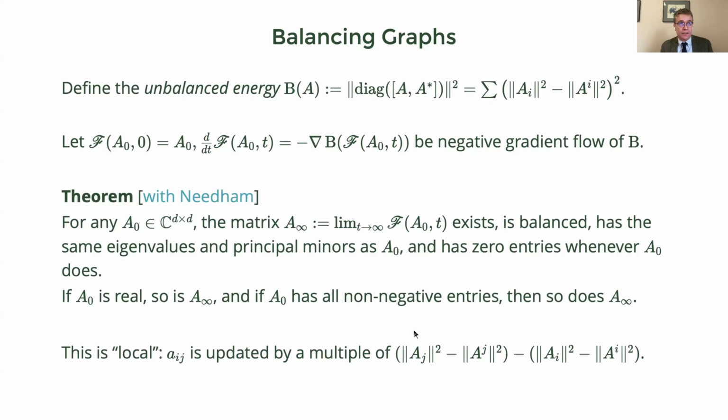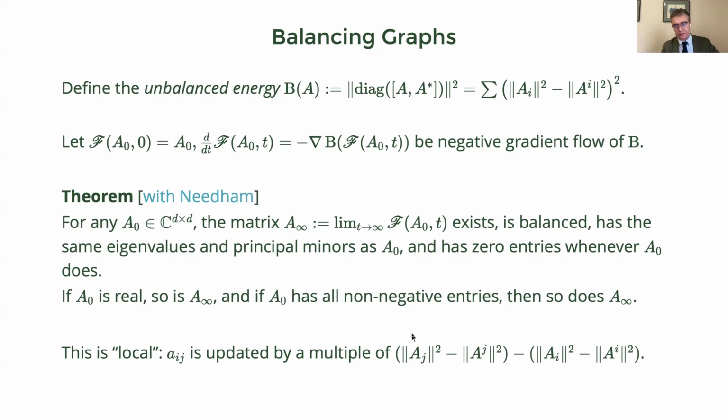In this world of balancing graphs, people are interested in what are called local moves, which means it really only depends on vertex information. This is not quite local in that sense. It's quasi-local, in the sense that what happens to the weight on an edge only really depends on what's going on nearby.